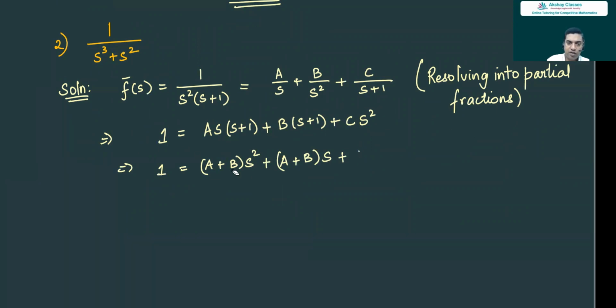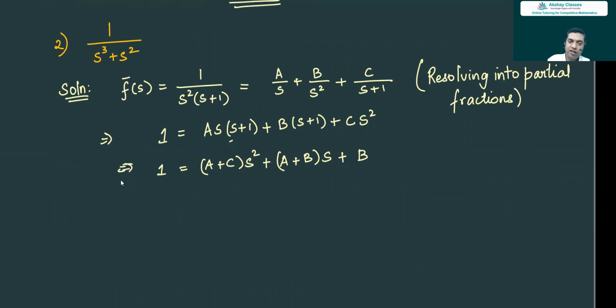Oh, sorry, this is c. This is a plus c times s square and a plus b times s plus b. All right, collecting coefficients of s square, collecting coefficients of s, and the constant.